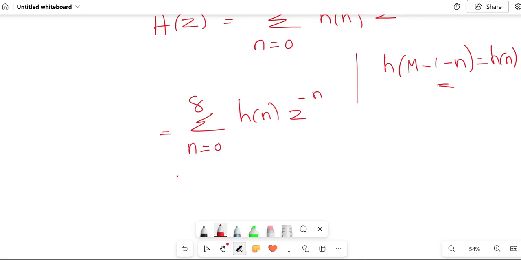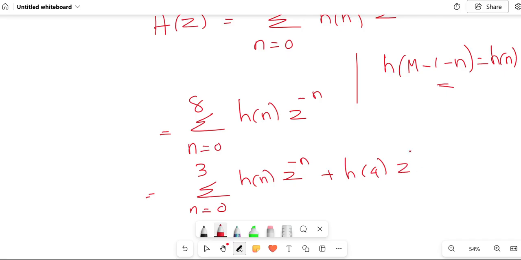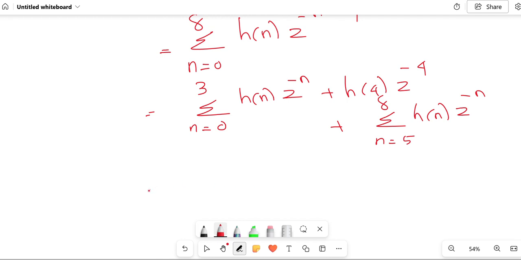So you can split it into the summation of n equal to 0 to 3 of h(n) z to the power minus n, plus h(4) z to the power minus 4, plus the summation of n equal to 5 to 8 of h(n) z to the power minus n.